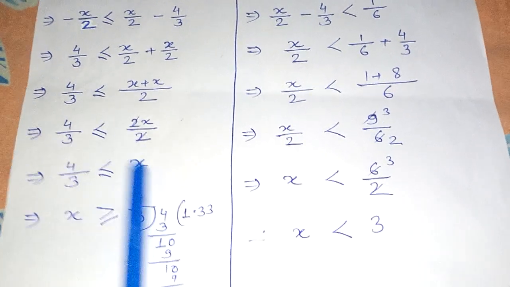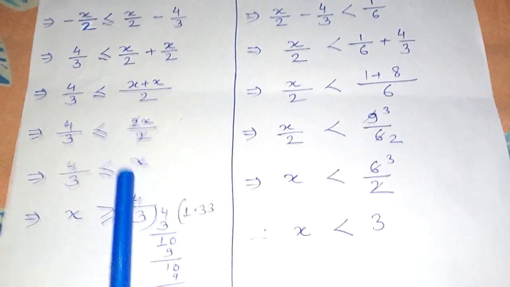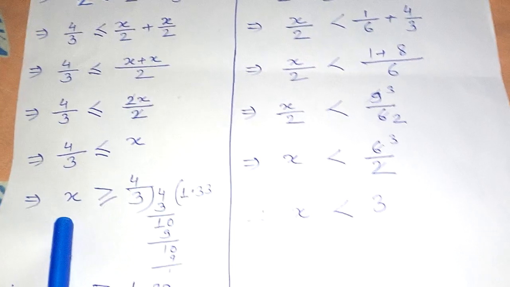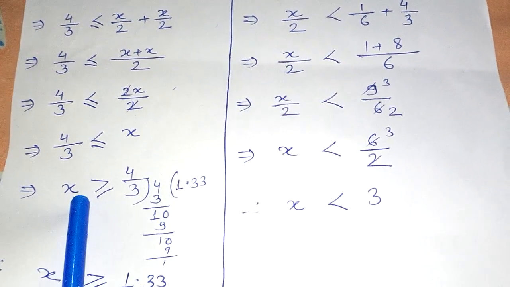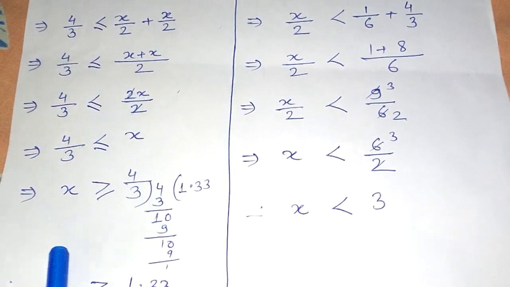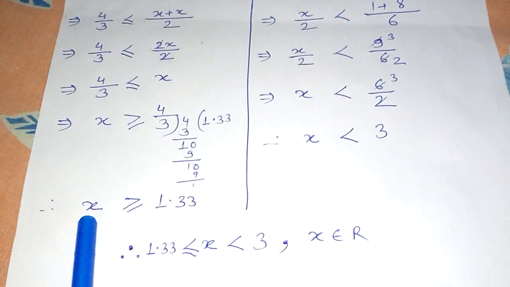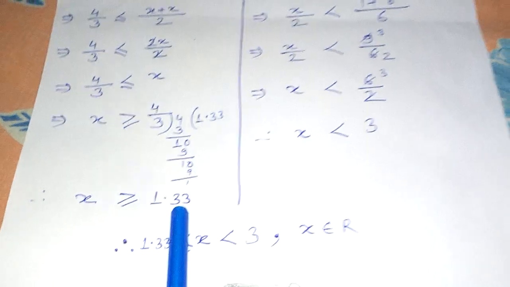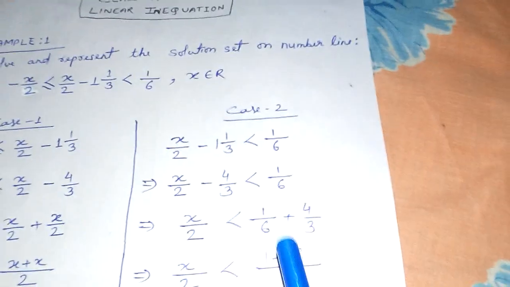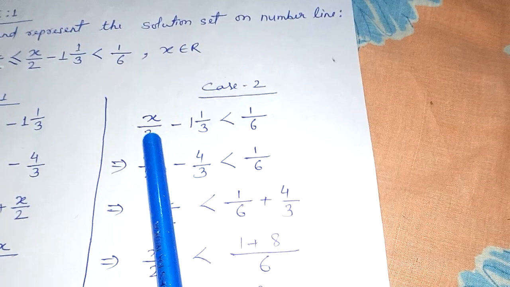So if I shift x this side, the symbol also will shift to face towards x, whereas the conclusion is the same. Now after division we got 1.33 here. So I can say x is greater than or equal to 1.33.